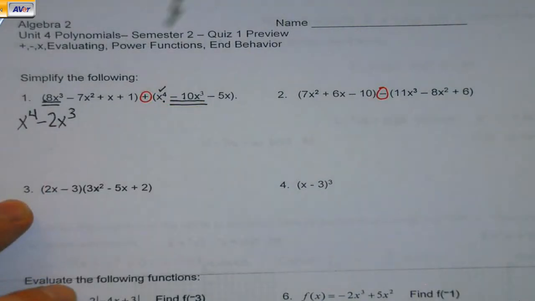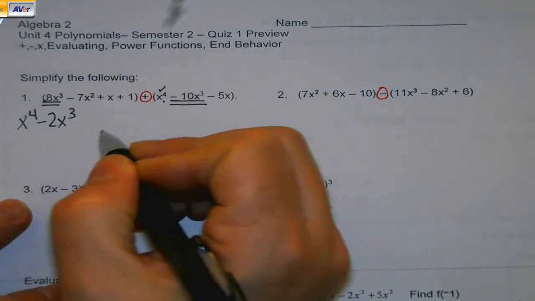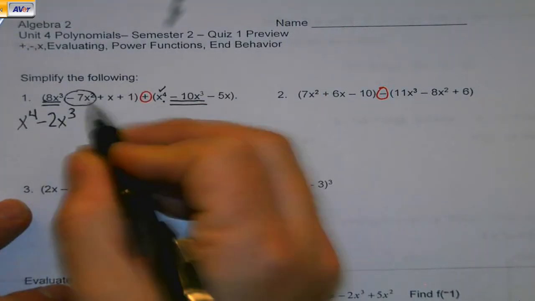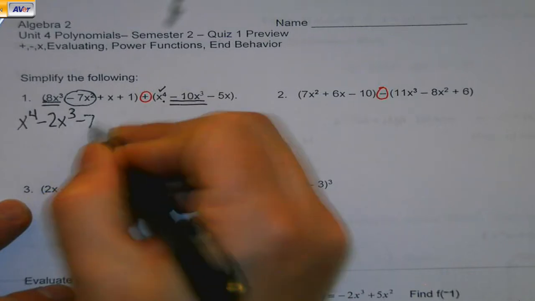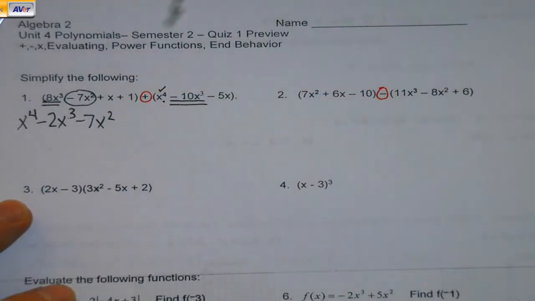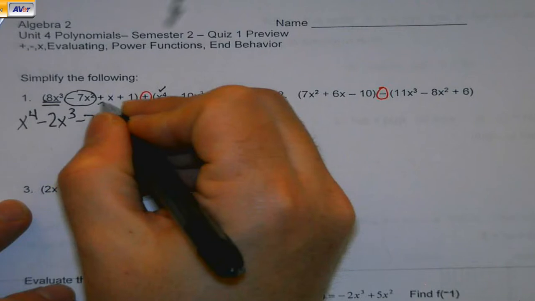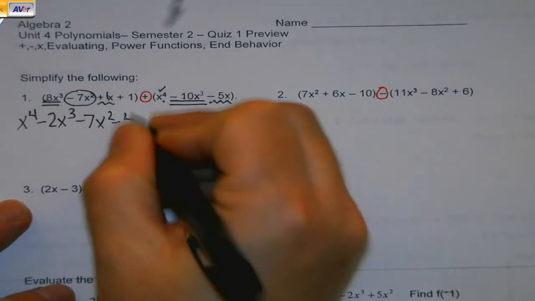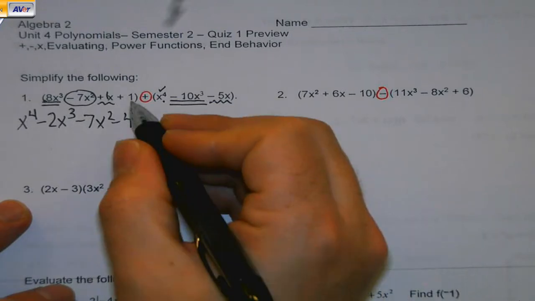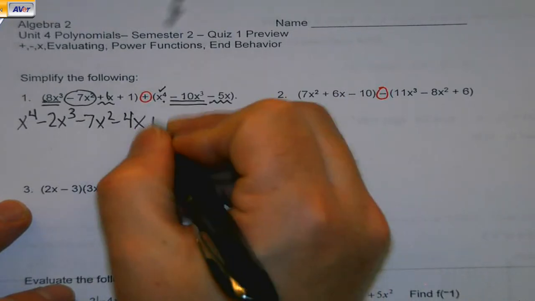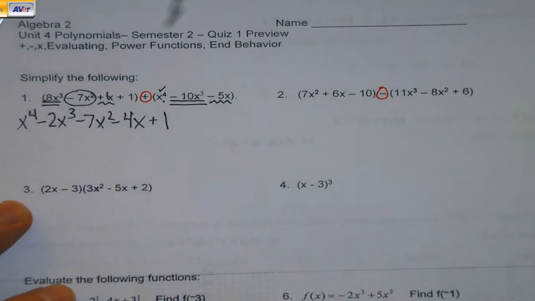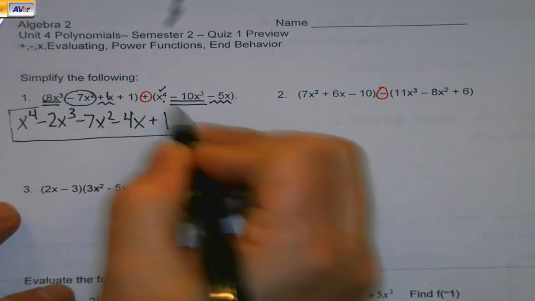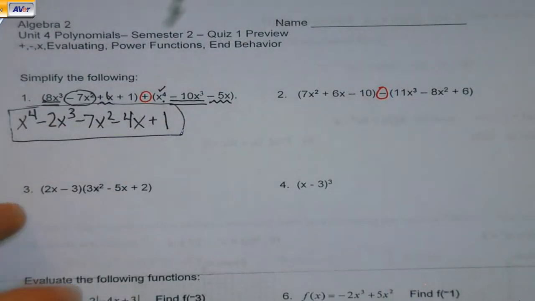Again, not messing with the exponents at all. 7x squared, no other squareds. X's, 1x minus 5x is negative 4x. And then finally, to finish off, the plus 1. So that's all I'm going to be doing on these first couple of problems.